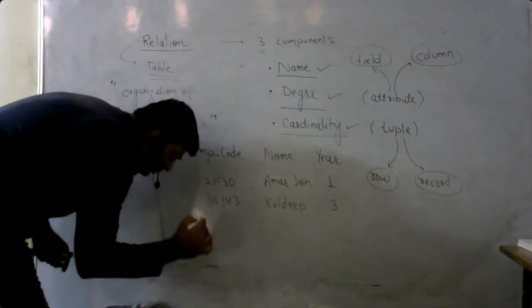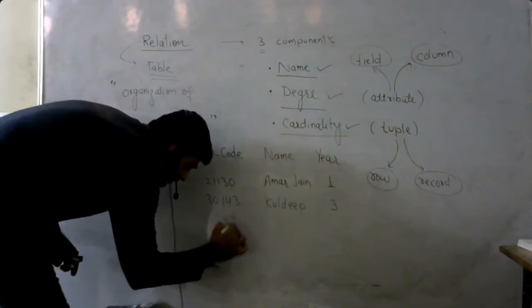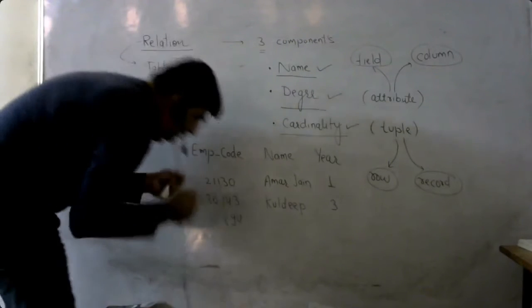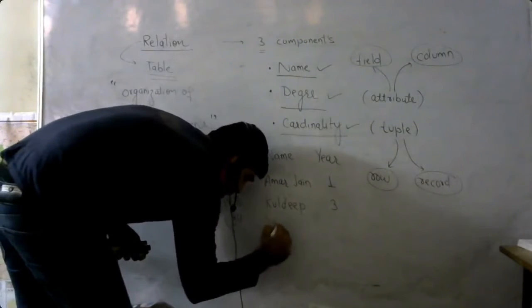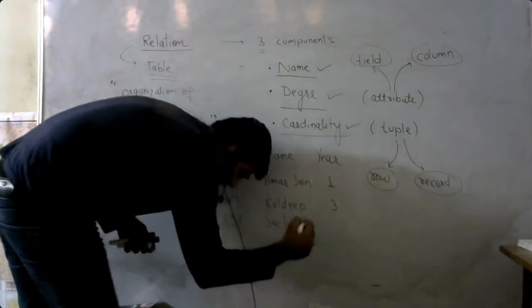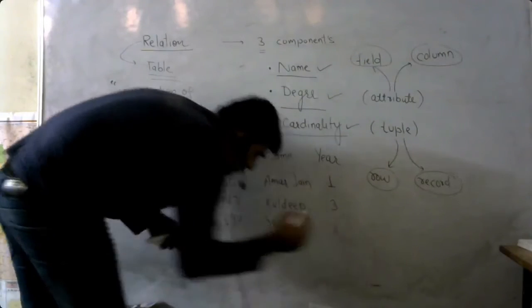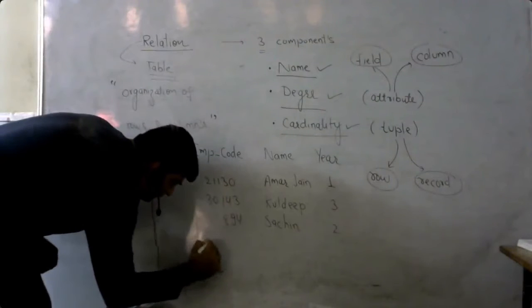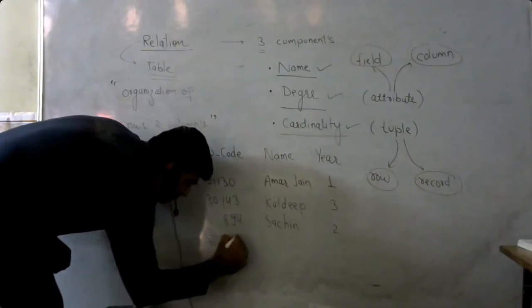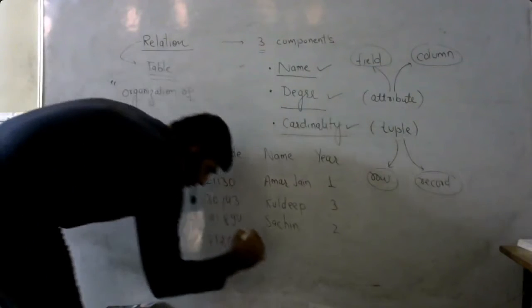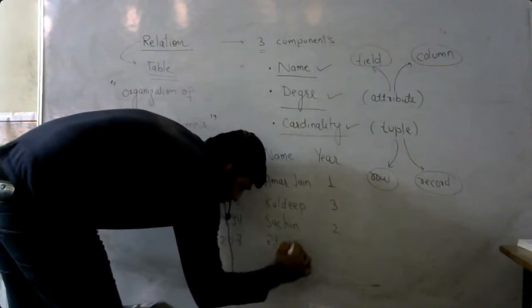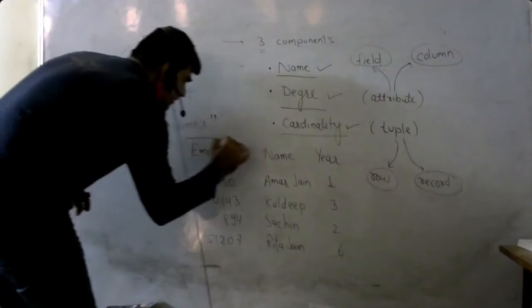Then Mr. Sachin, he is working there for the last 2 years. And the last record is 51207, Miss Rita Jain. She is working there for the last 6 years. So there is a relation.